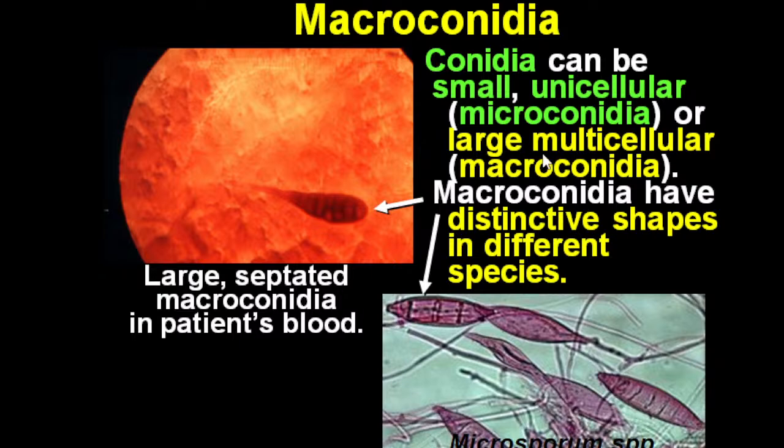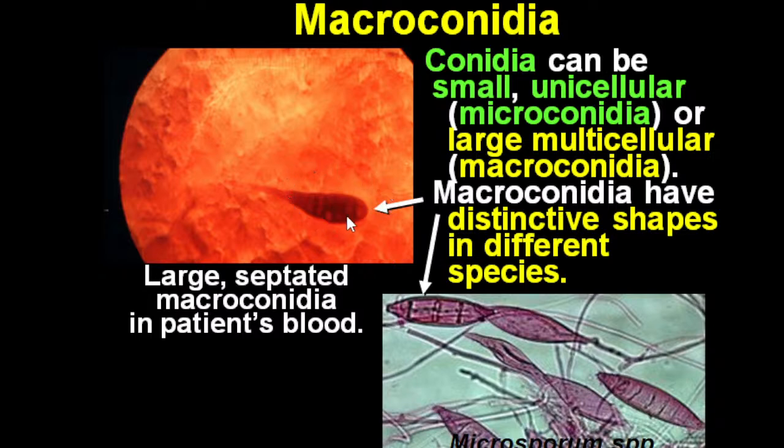But then, conidia can be unicellular or multicellular. If we have multicellular conidia, they are called macroconidia. You can see what macroconidia are: a large septated structure, and in each box between septa we can have a separate spore or separate conidia that will be developed in one single organism.